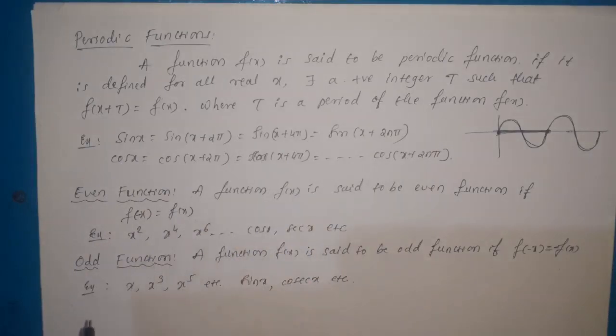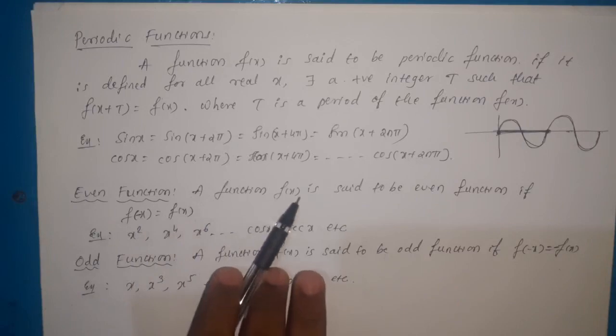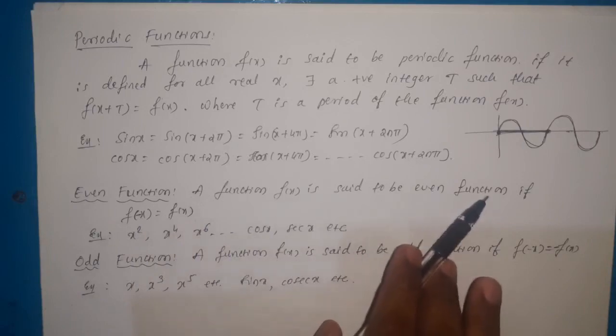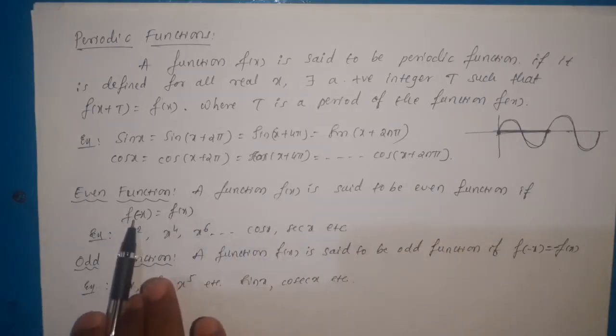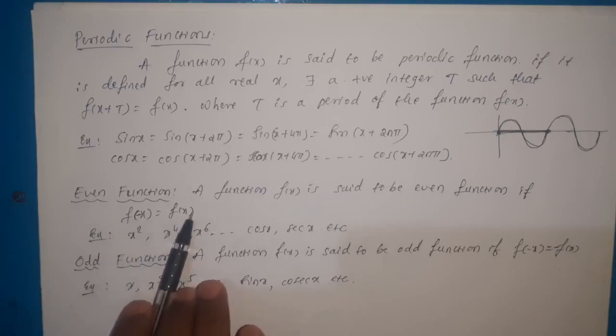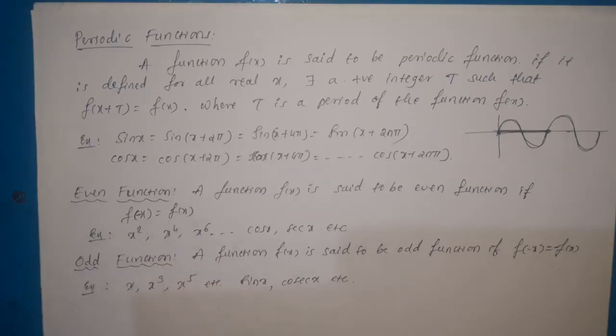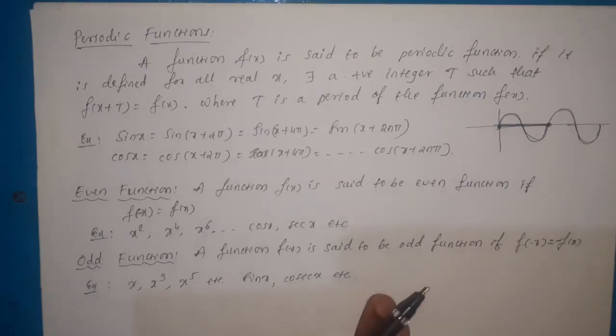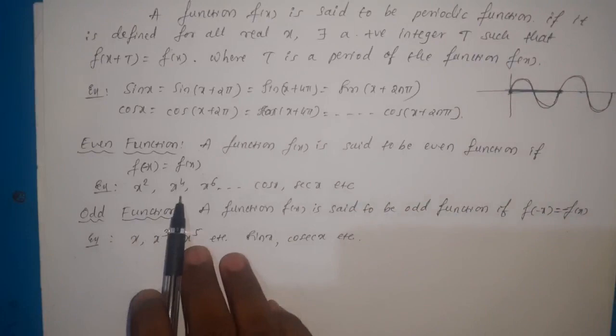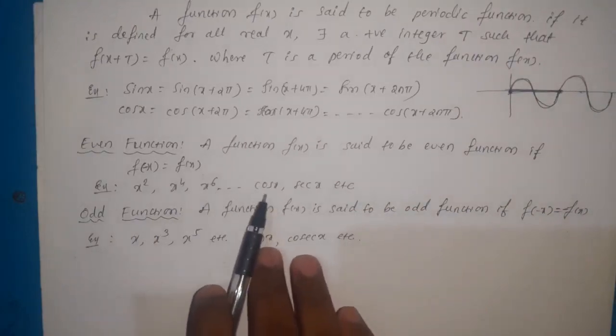And next, even function. A function f of x is said to be even function if f of minus x equal to f of x, means if you replace x by minus x in the given function, then the original function is not going to change and it remains its originality. So such functions are called as even functions. For example, x square, x power 4, x power 6, and so on.